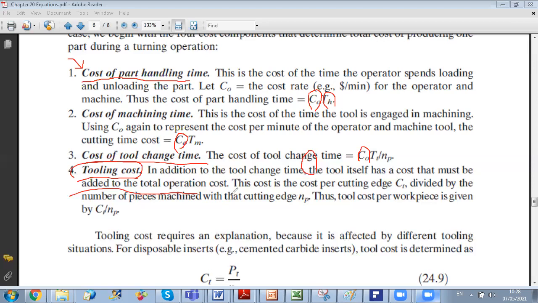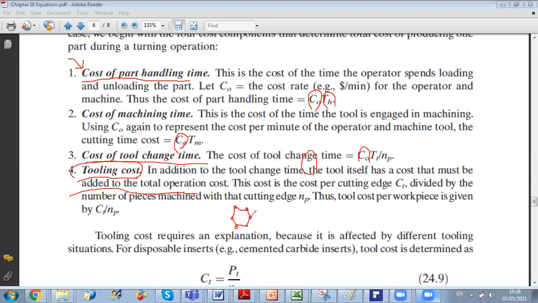Okay, so this cost is the cost per cutting edge CT divided by the number of pieces machined with that cutting edge. So what we will do first, you have a tool that can have several edges that can work. So first you should take into account that this cost should be divided by the number of edges, and for each edge, you know how much number of parts we can produce with this cutting edge.